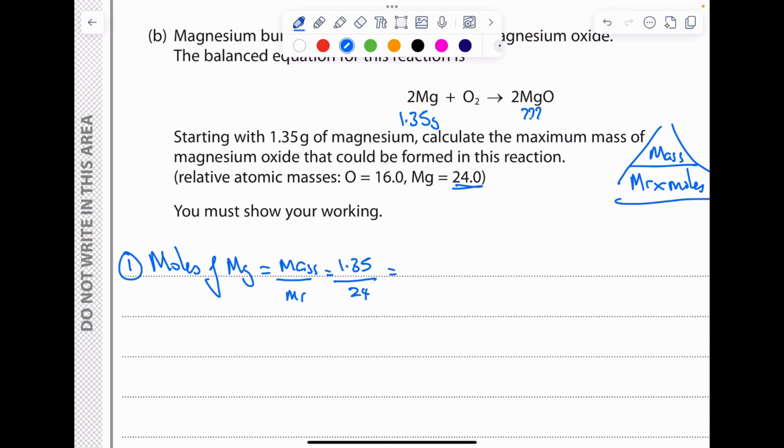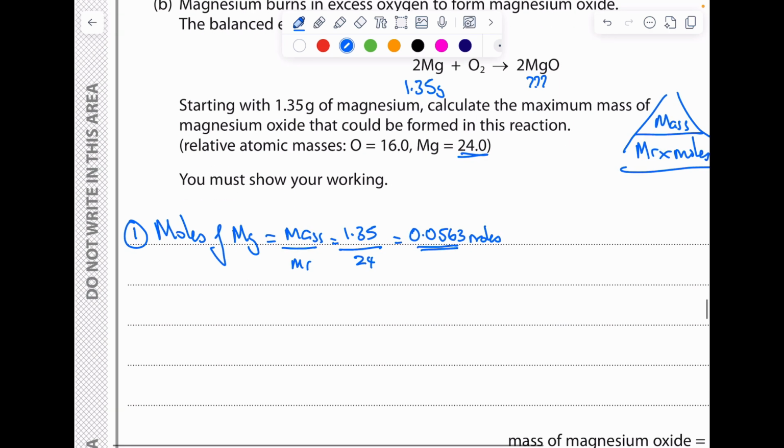So what I'm going to do first of all is 1.35 divided by 24, and that's going to give me 0.0563, just rounding that last one up, moles.